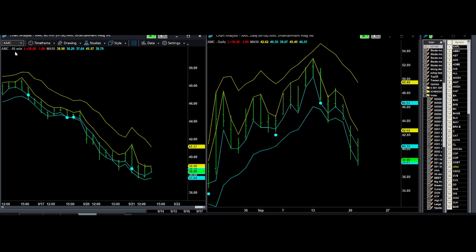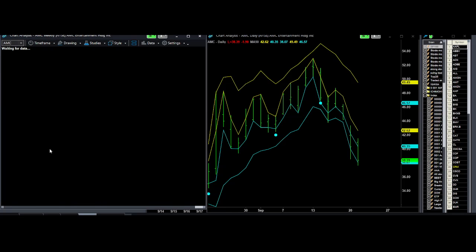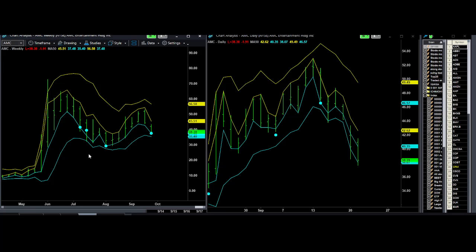AMC 60 minutes chart, or let's first change it to the weekly chart. So this is the best yield prediction model. Right now this is the AMC weekly chart and this is the AMC daily chart. You can see from this weekly chart that the current stick is already embedded in these blue dots.